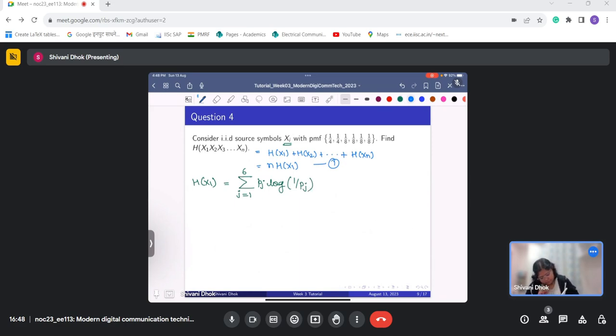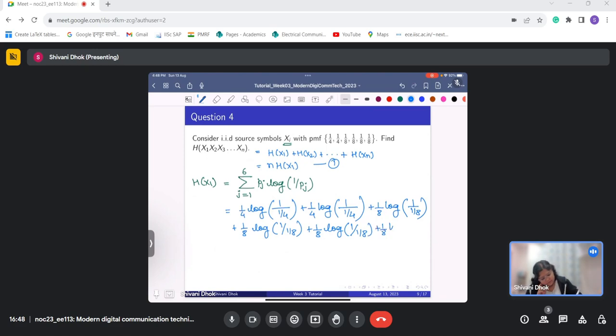So this comes out to be 1 by 4 into log of 1 divided by 1 by 4, plus 1 by 4 into log of 1 upon 1 by 4, plus 1 by 8 into log of 1 upon 1 by 8, plus 1 by 8 into log of 1 upon 1 by 8, plus 1 by 8 into log of 1 upon 1 by 8, plus 1 by 8 into log of 1 upon 1 by 8.